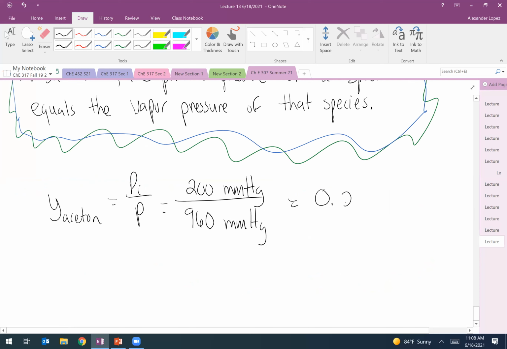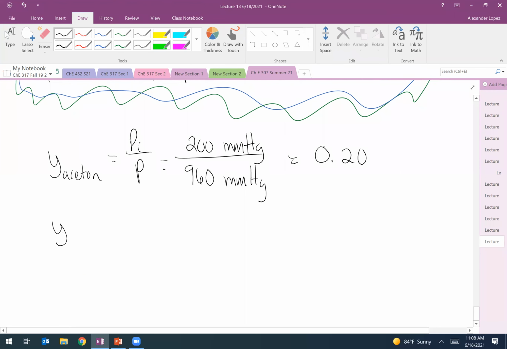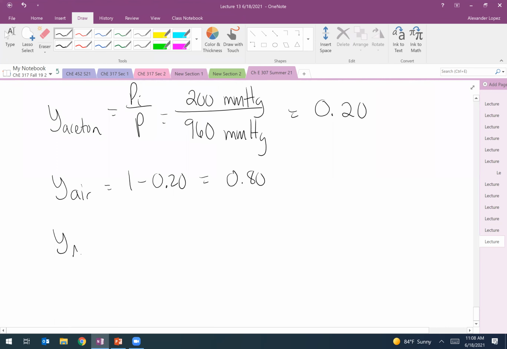You should get about 0.20, or 20%, meaning the mole fraction of air is 1 minus that, which is 0.8 or 80% air. Since I know that air is 79% nitrogen and 21% oxygen, the mole fraction of nitrogen is simply 79% of 80%, which should be like 60 something. 0.632.